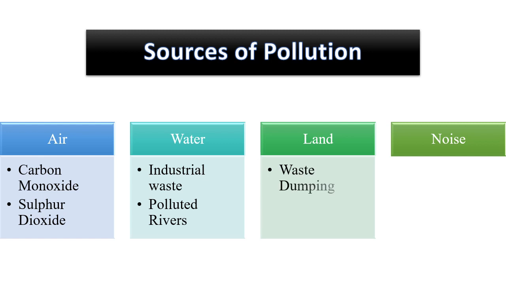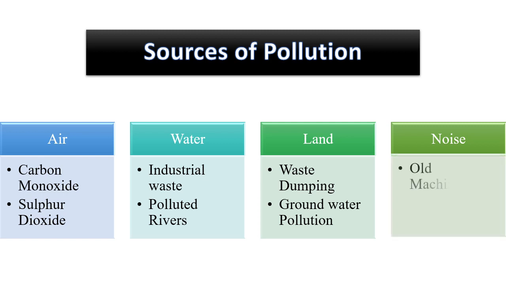Next, land pollution: industries dump their waste onto the land, and also when industries dump their polluted water into the ground, that polluted water also pollutes the land. Last one is noise pollution, which is created due to old machinery and transportation vehicles.